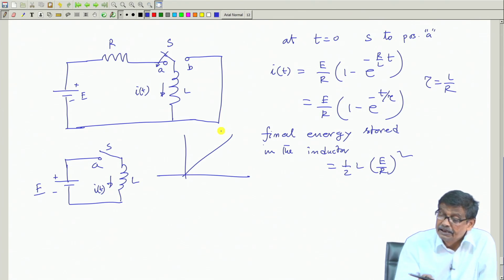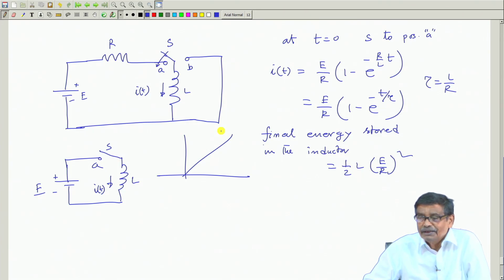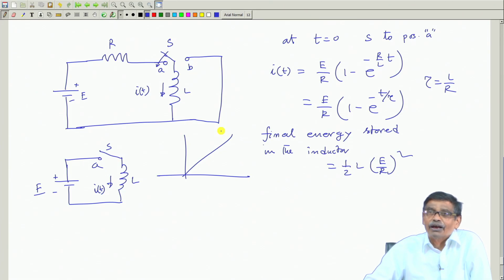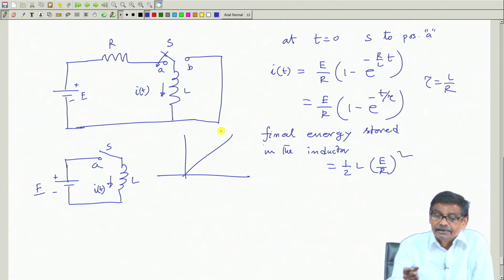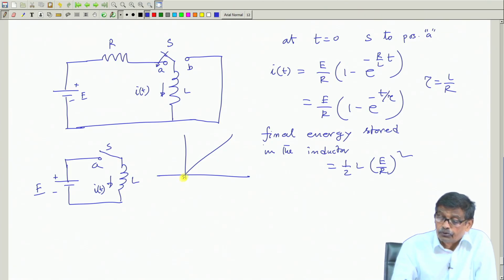But here this current will reach a finite value, even if you connect it here. Therefore, you select your R such that E by R is the rated current of the inductor, and you do not run the risk of exceeding the rated current of the coil. Of course, that current also should be the rated current of the resistance, that is fine. But there it was growing, but here it is going like this, E by R.